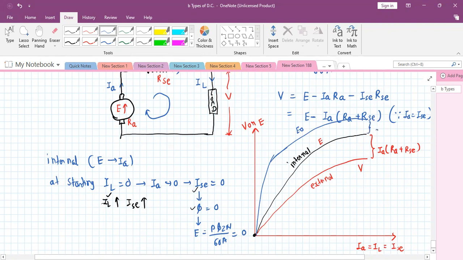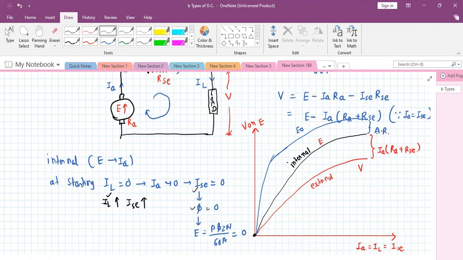This drop is due to armature reaction. This drop is due to the armature reaction, and this is nothing but the OCC. The OCC voltage is E0. From E0 to E is the armature reaction, and from E to V is the IR drop.